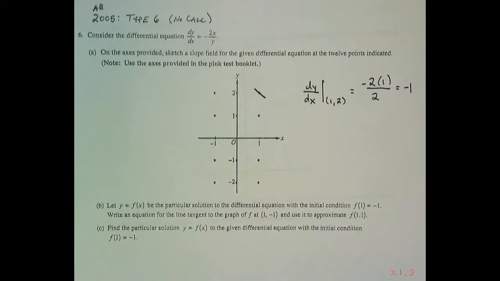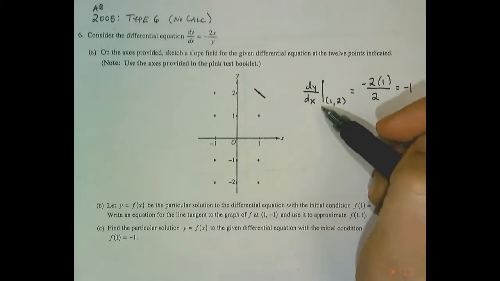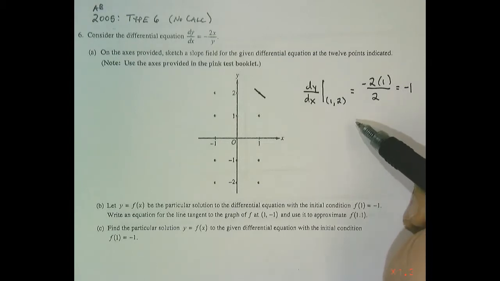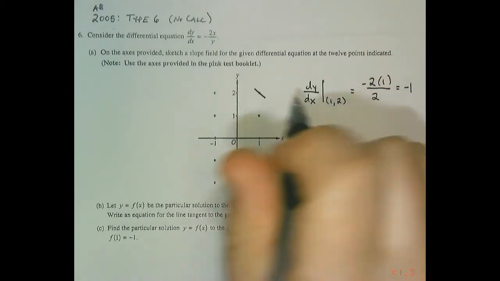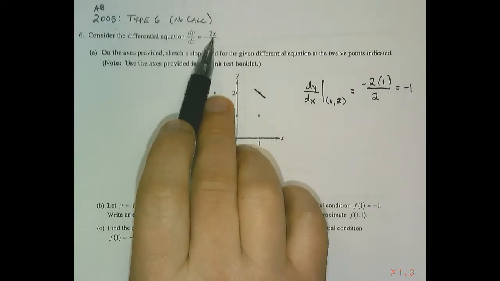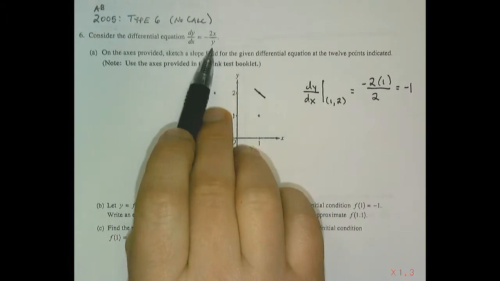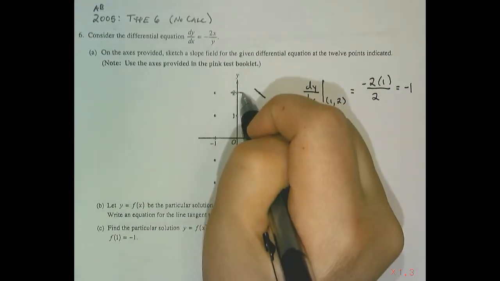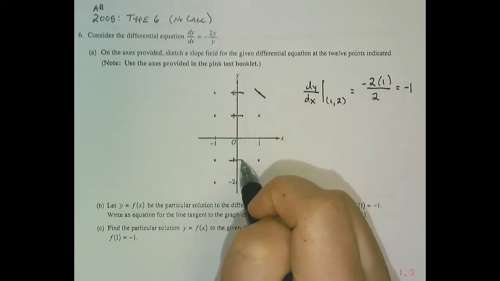Okay? And going through and doing this for every single point can be a little time consuming, so there are some shortcuts you can take. If you look closely at the slope equation, you can make some assumptions here. Anytime x is 0, I'm going to get 0 divided by y, which is a 0 slope. So everywhere where x is 0, I have a 0 slope.